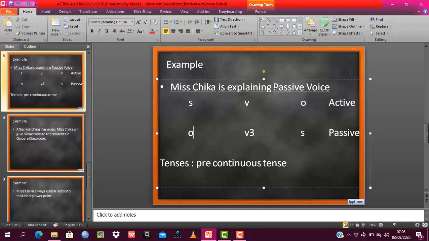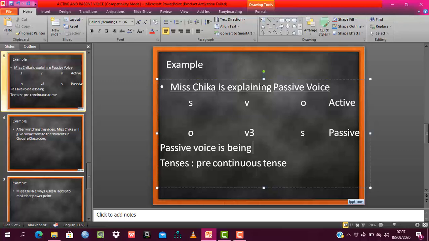Let's see, passive voice change. Passive voice is in front of the sentence, and then after passive voice is am, is, or are. Is, right? Because passive voice is singular. Explaining in verb ing, but here you must put verb 3. Don't try to delete or skip it, but you must change into being.